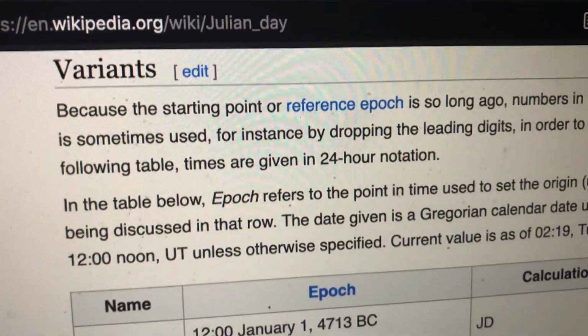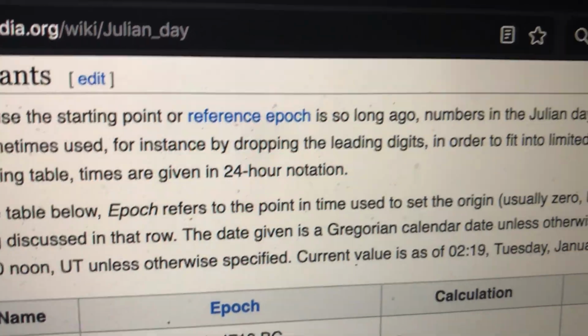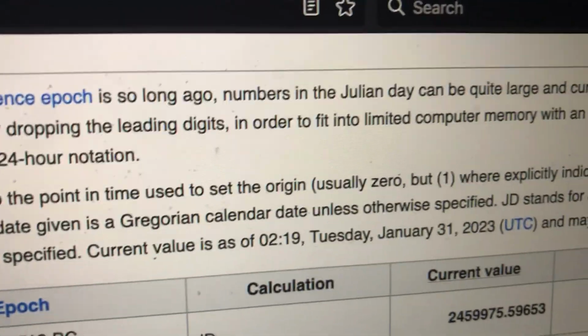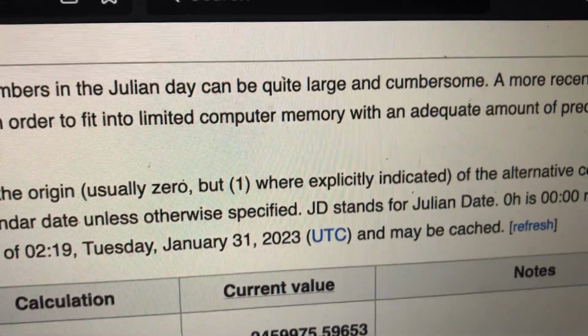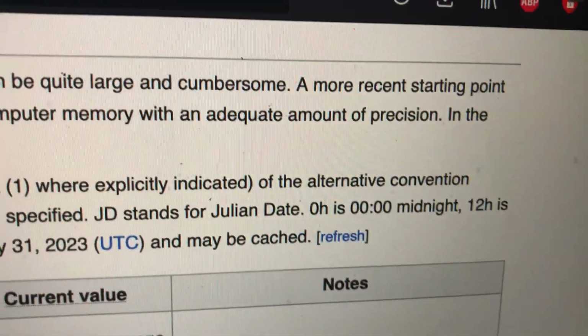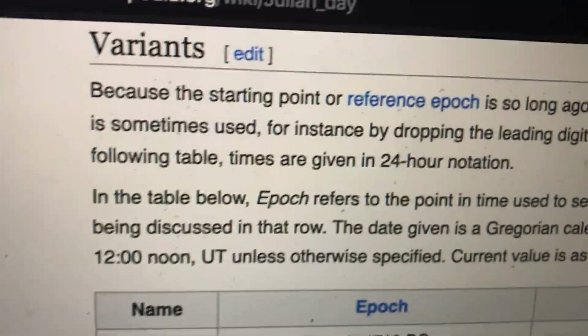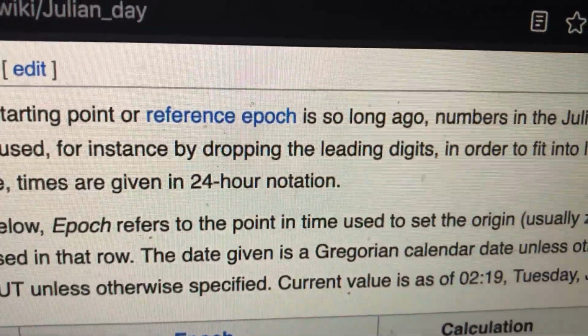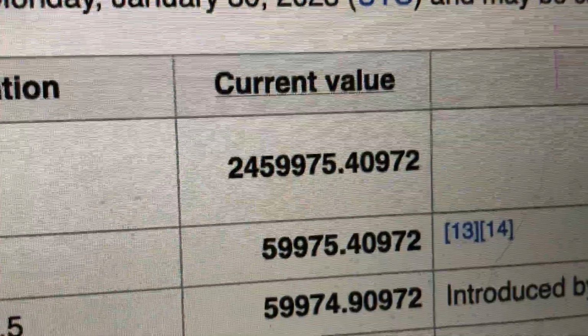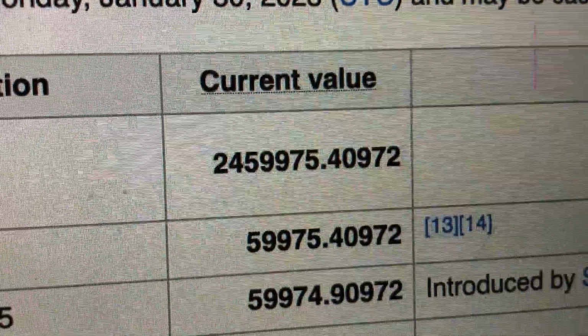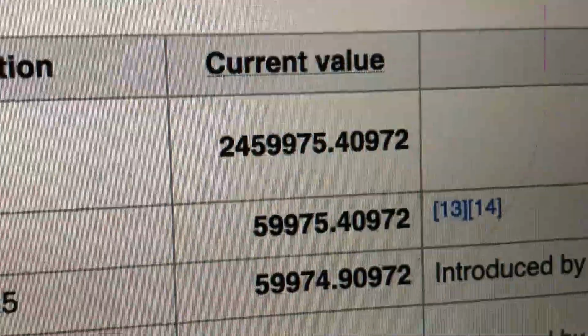Because the starting point, or reference epoch, is so long ago, numbers in the Julian Day can be quite large and cumbersome. A more recent starting point is sometimes used, for instance, by dropping the leading digits. See here, the Julian date is 2459975.40972.